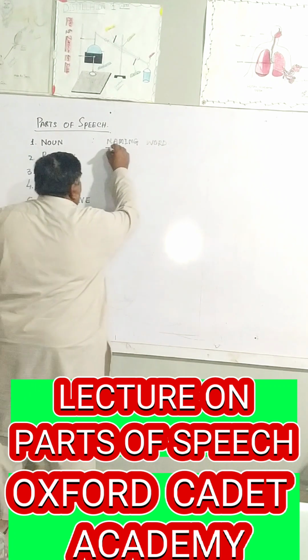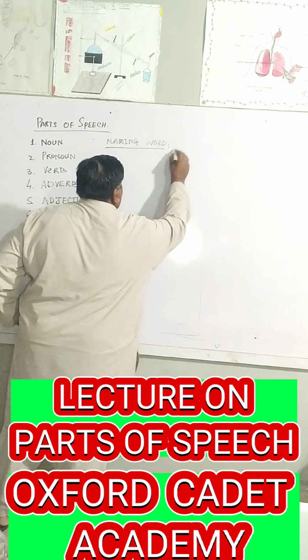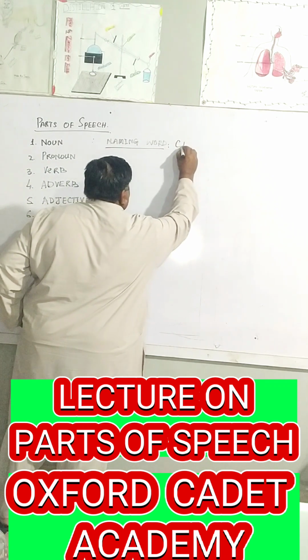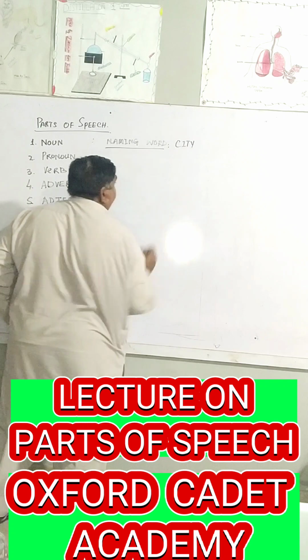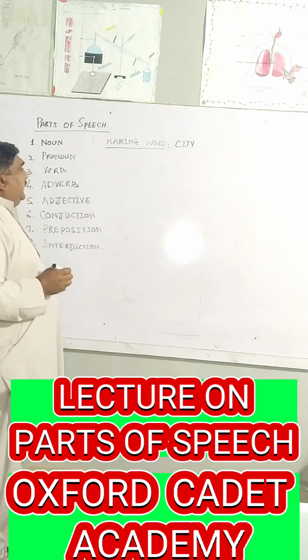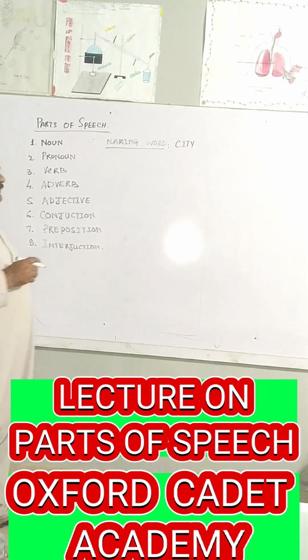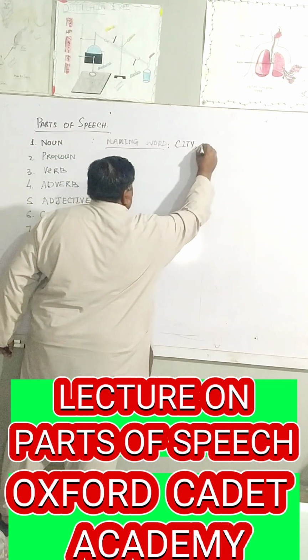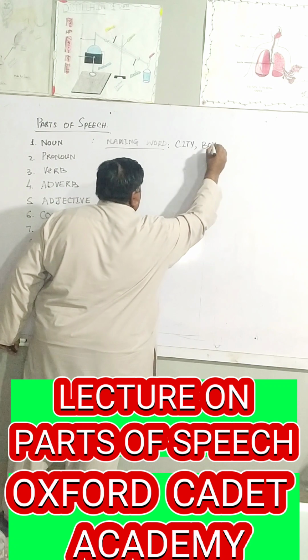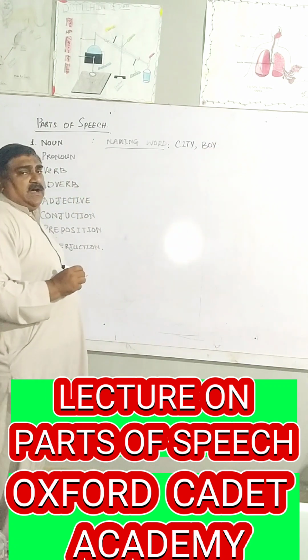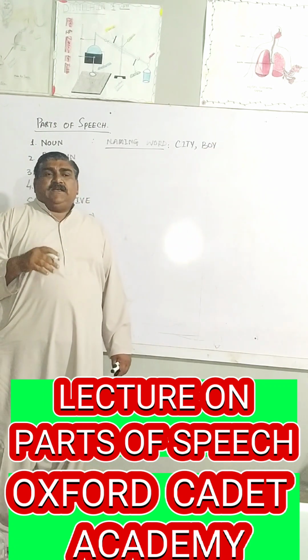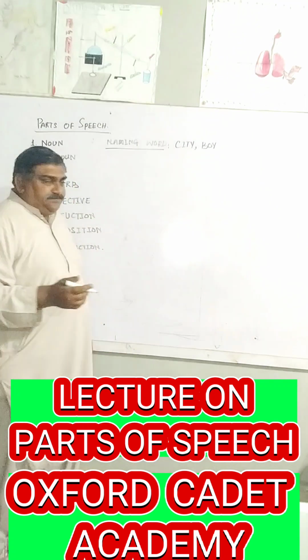First, I will give you an example. For example, you are talking about a city. So, it means you are naming some place. If I write over here boy, it means you are naming some object, some human being, right? Yes, sir.